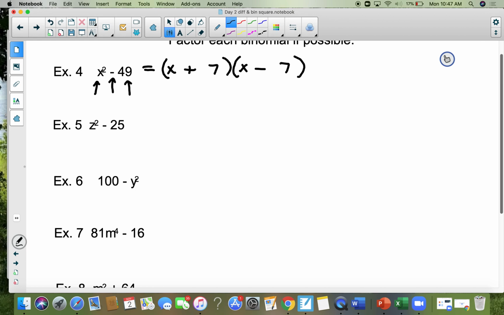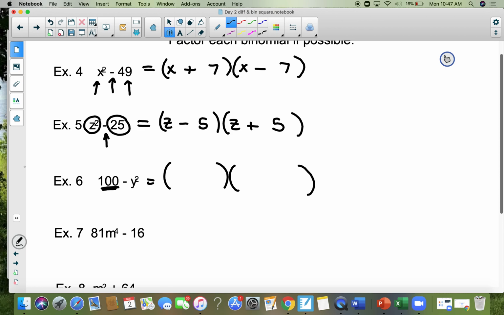Okay, the next one. It's a minus sign, and again, on either side, you should notice that they're perfect squares. So you just need two sets of parentheses. I make my z's like this. So you're going to put a z and a z, you're going to put a 5 and a 5, and a minus and a plus. So you have to recognize that this is called the difference of two squares. Okay, let's do another one.